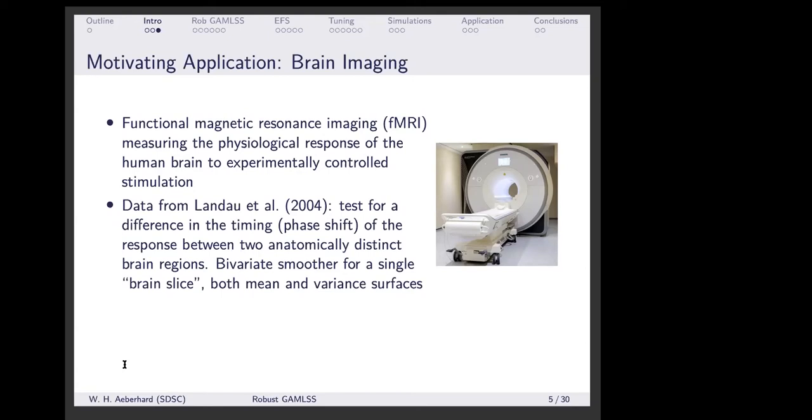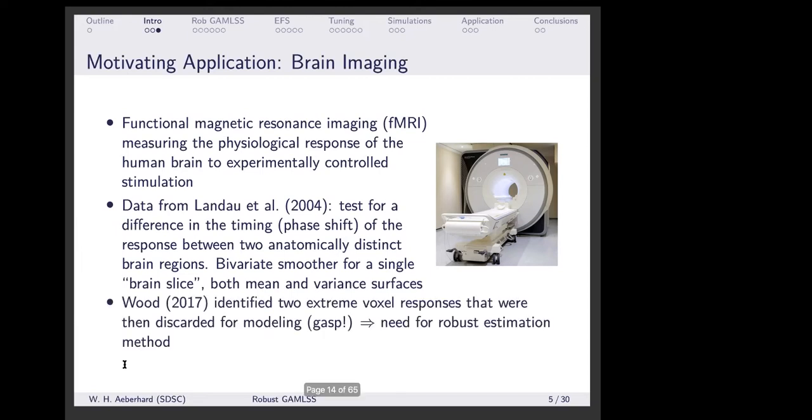But I think the investigators were really after trying to find differences between distinct regions of the brain, and especially in the timing and in how fast they were reacting to the stimuli, and across a bunch of them, of course. So we will not be looking today at the entire time series of brain images. This would be, of course, very interesting. Here we're just looking at a single brain slice, so just one image, a 2D image, where we would typically model both the mean activation level, the mean physiological response, if you will, but also the spread.